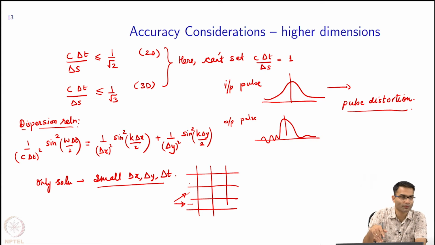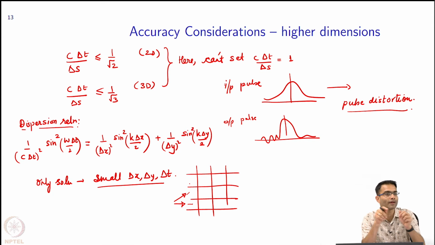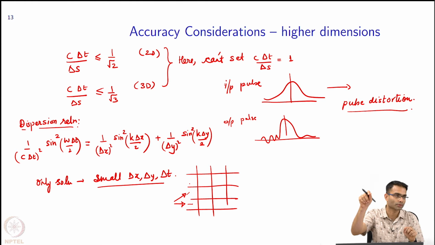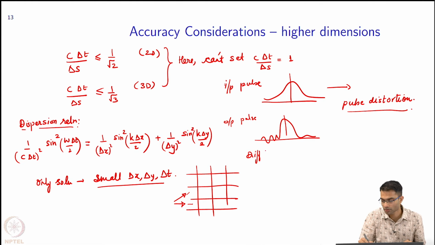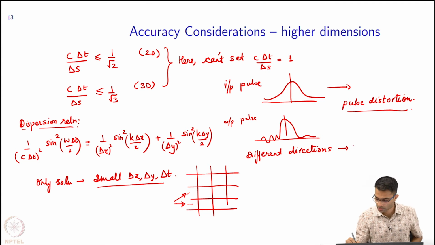Do not take this to be 45 degrees, take this to be any angle. Because I am using finite differences to approximate the wave equation, it is more or less accurate depending on how well aligned you are with the grid. So different directions, different speeds.